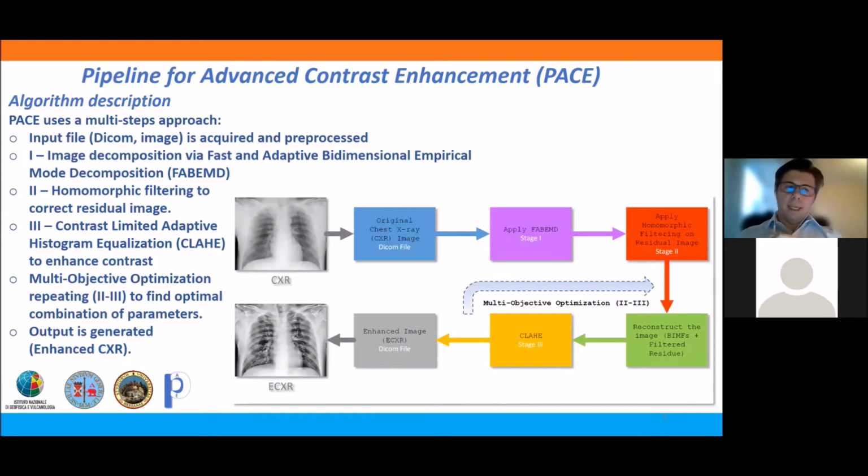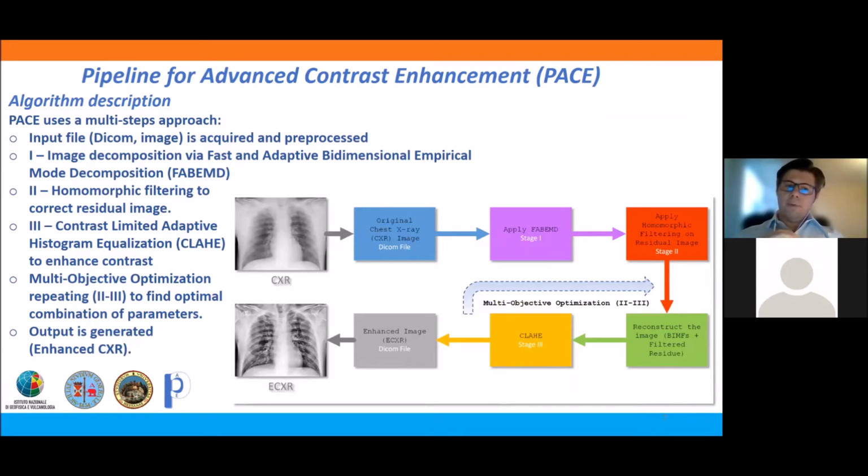Well, PACE, as said, uses a multi-step approach. This approach combines different methodologies. First, we identify what the input file is. This file might be a DICOM image as obtained from a scanner system, or it might be an image.